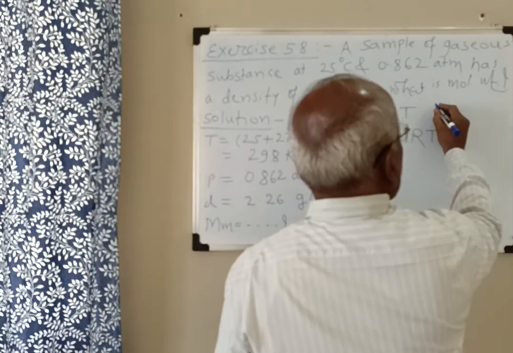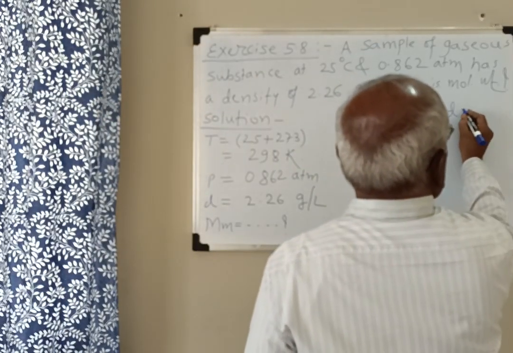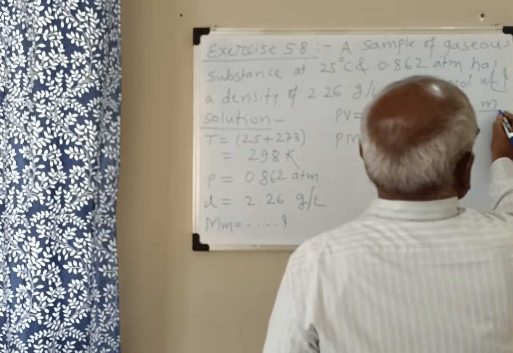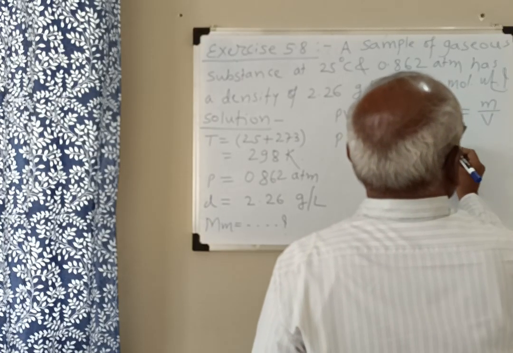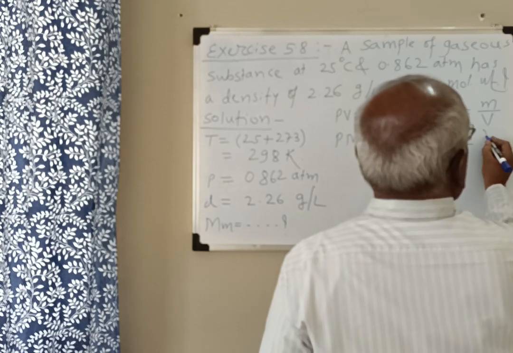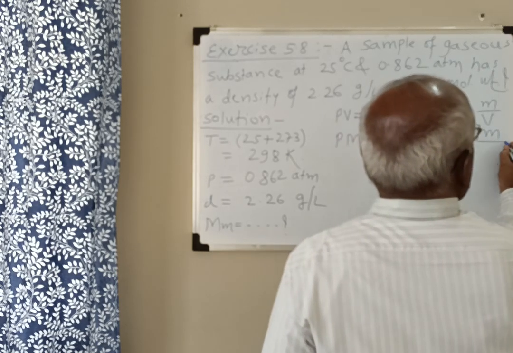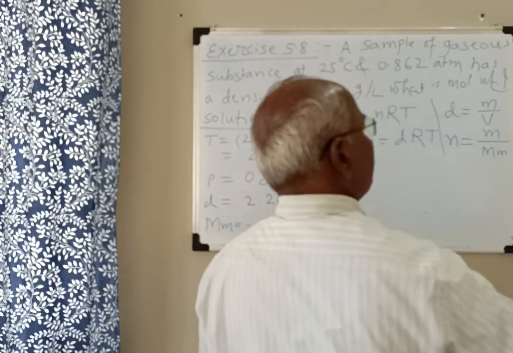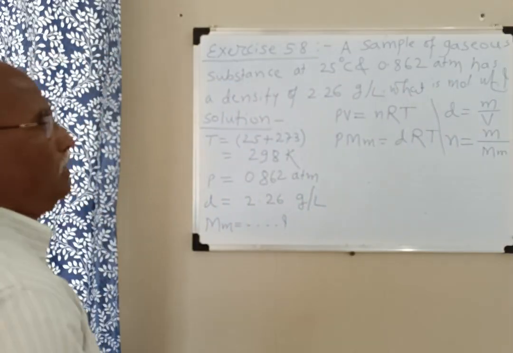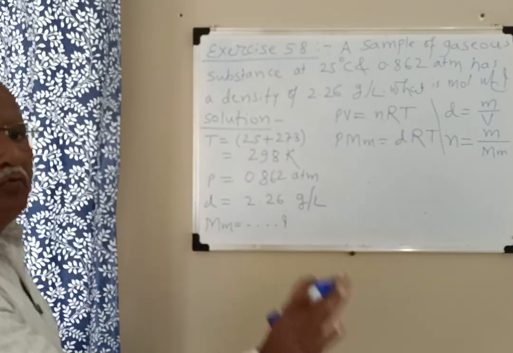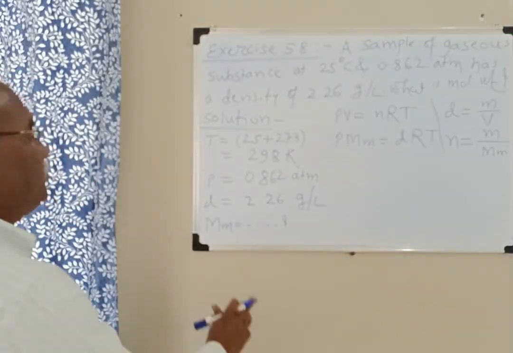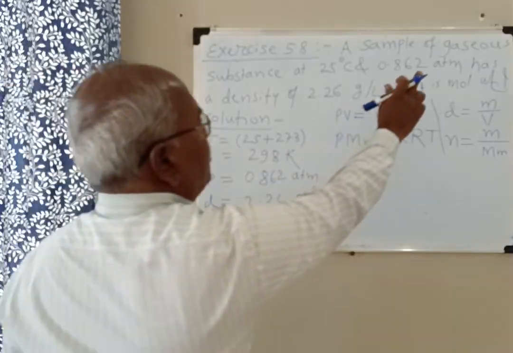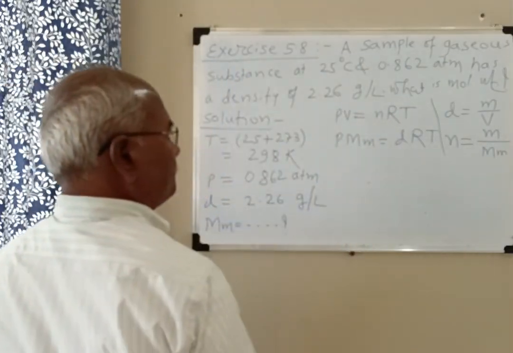Apart from this, we know that density is equal to mass upon volume, and number of moles n is equal to mass in gram divided by molar mass. So by using these formulas, we are going to find the molar mass of this gaseous substance.